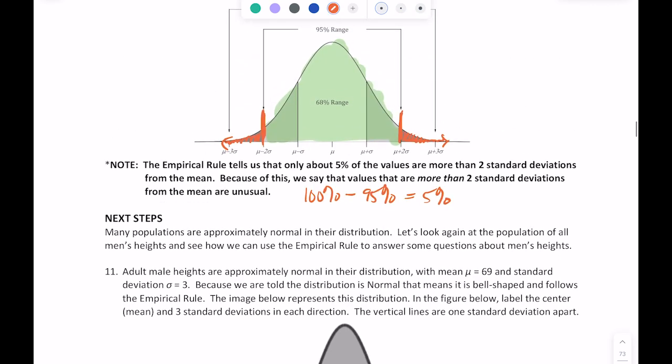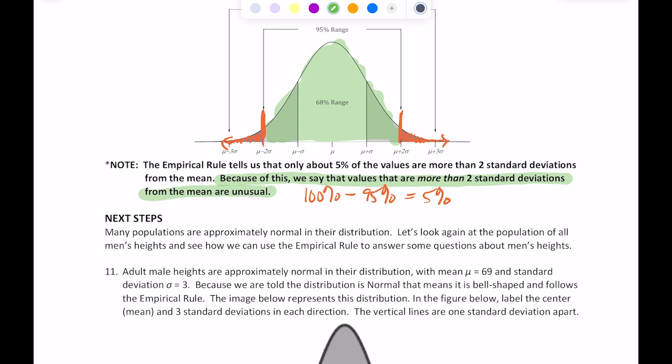Only 5% of individuals would fall into that category. So because of this, we say that values that are more than 2 standard deviations from the mean are unusual. And that's important. Even more unusual beyond 3 standard deviations, but 2 is kind of the cutoff.